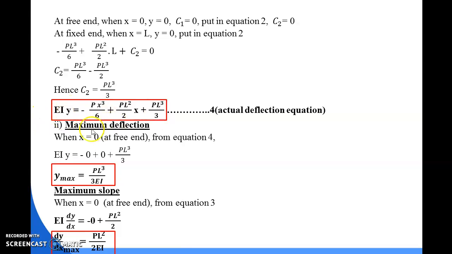So first of all, for finding the maximum deflection value, we have to put x equal to 0. That means we know that the deflection of the cantilever beam is about its loading condition, that is at the free end. So that's why we have to put here x equal to 0. So now we have to put this value in the actual deflection equation.